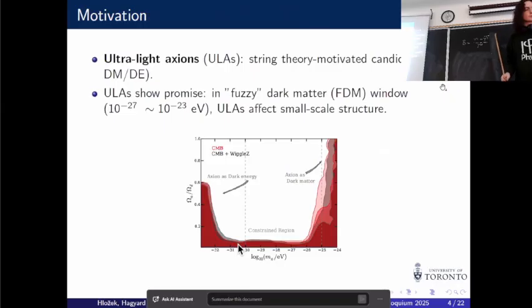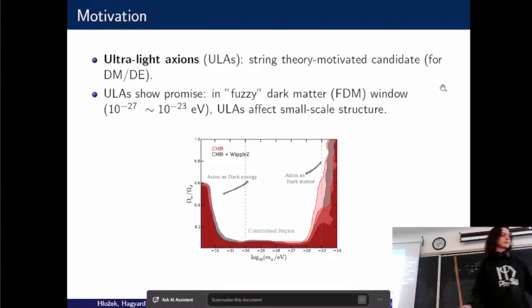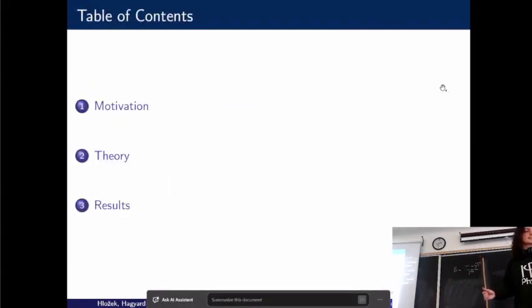Because we wanted to use the halo model to interrogate, can we use this model to model galaxy clustering in this region? And can it impose any more significant constraints on the abundance of axions in that region?